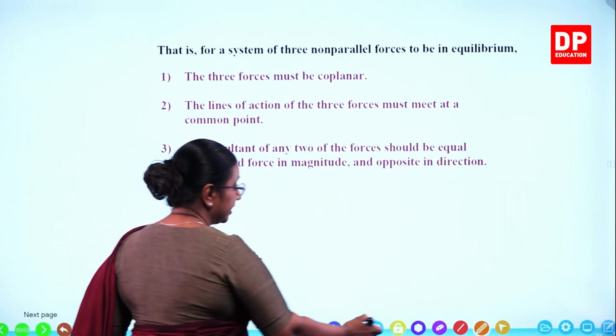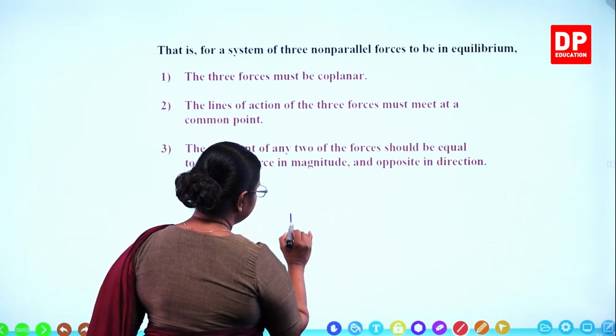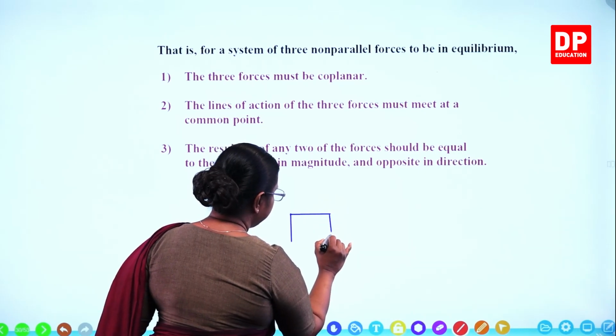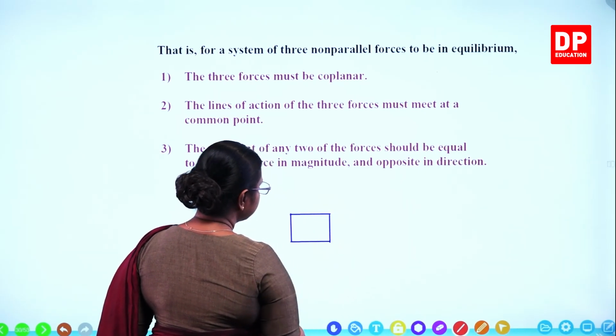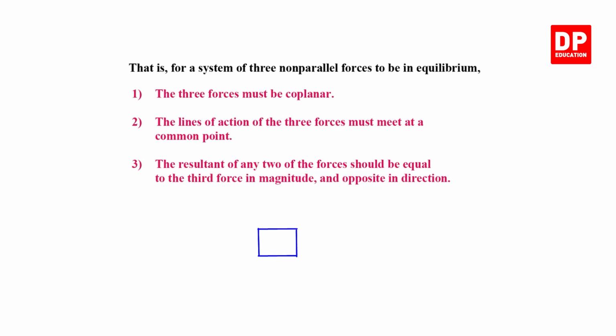So if we take the example, this was the picture that we discussed previously. So here when we have the picture hanging like this, these two forces are going to be the tension and the weight is downwards.